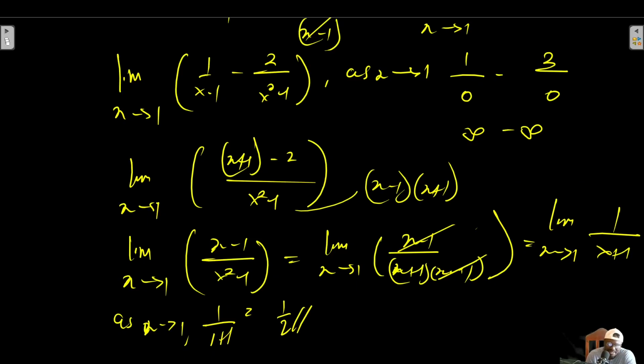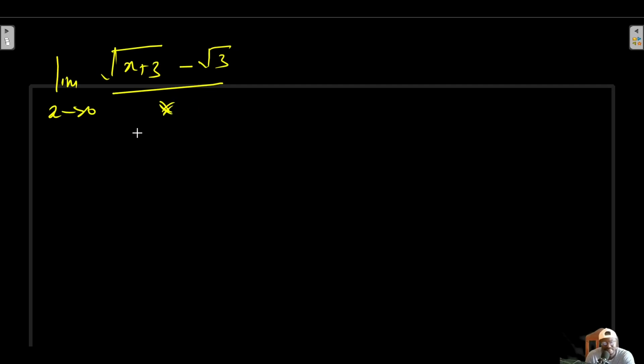Let me step it up a little bit. Now, say you have the limit as x is approaching 0 of the expression root of x plus 3 minus root 3 all over x. Here you realize we have a radical in the numerator. But first, let's check whether the limit of this expression gives us an indeterminate.